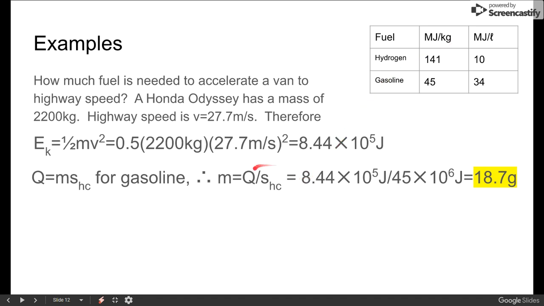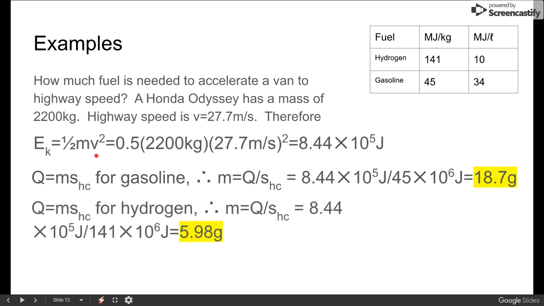That's the specific heat of combustion here. Put it through the formula, and you get 18.7 grams of gasoline to get the car to highway speed, which is very close to what we got when we did this in the work section. We're just approaching it now from kinetic energy instead of generalized work.